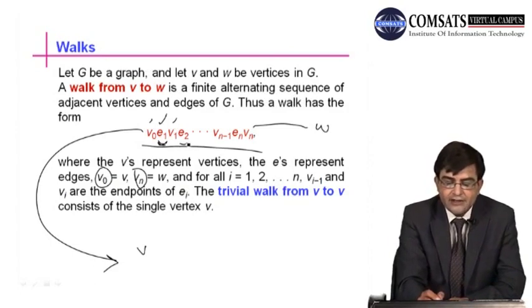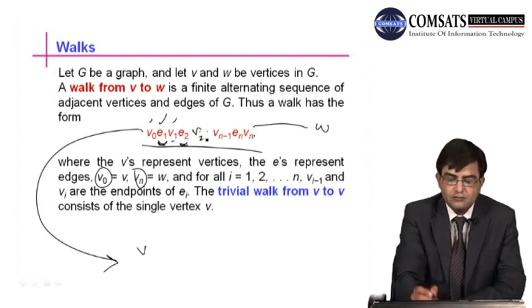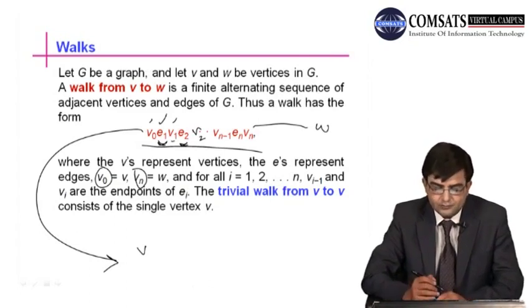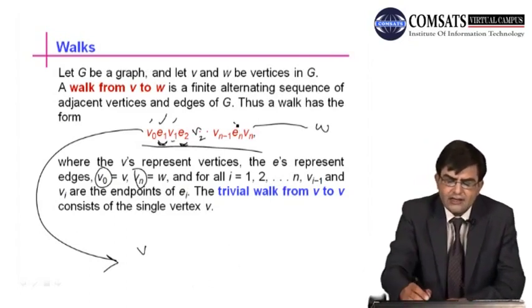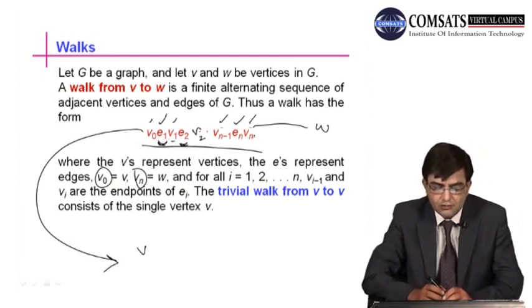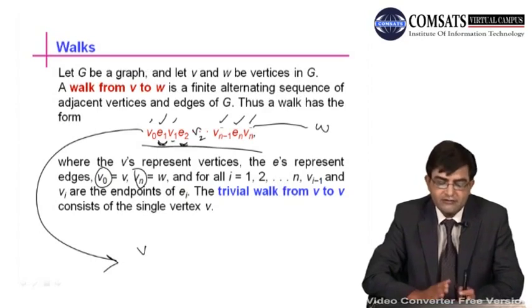Similarly, if you write e2, then its endpoints in the graph must be v1 and v2, and so on. en must have endpoints vn minus 1 and vn. So this is what you have to take care of when you try to write a walk from one vertex to some other vertex.